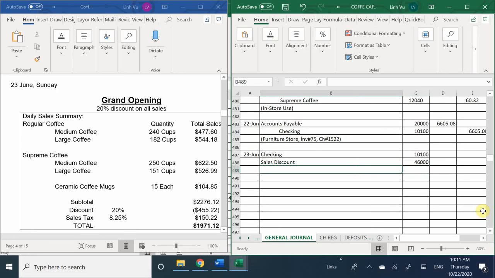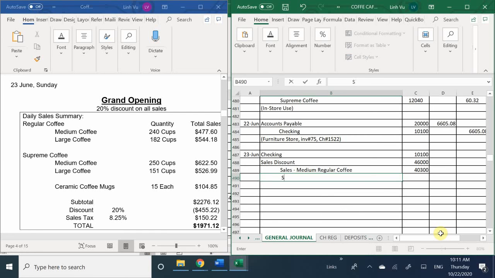Then we are going to credit sales medium regular coffee, because we have two of them, 43.00. Then sales regular large coffee, 43.50.